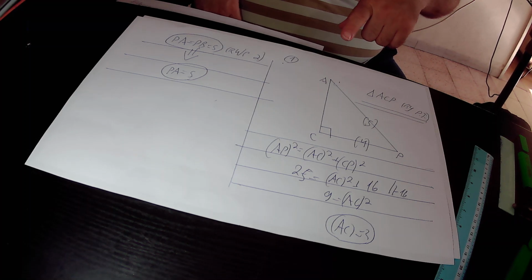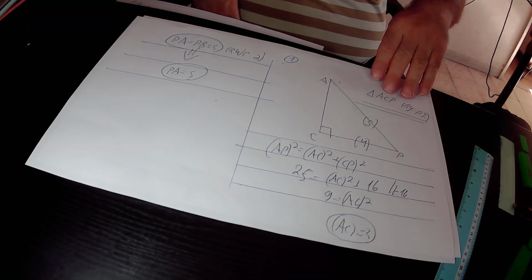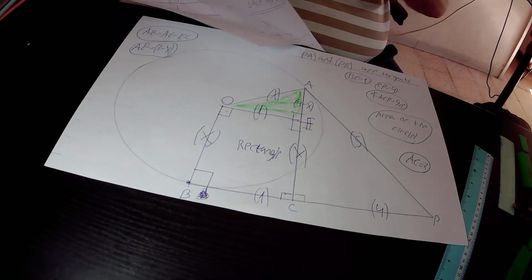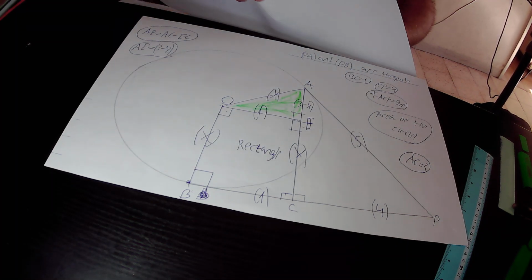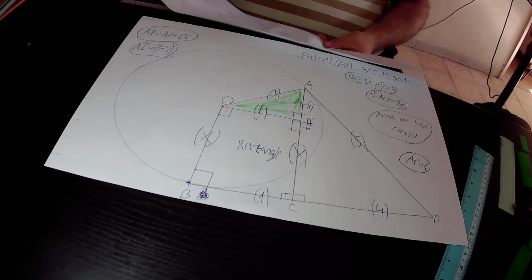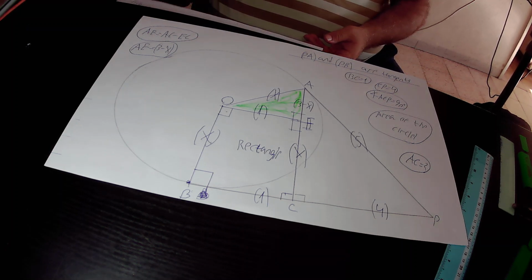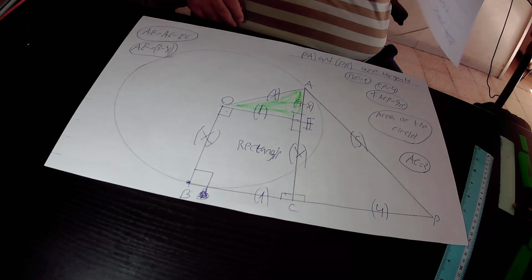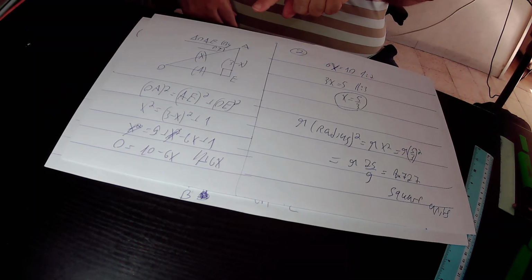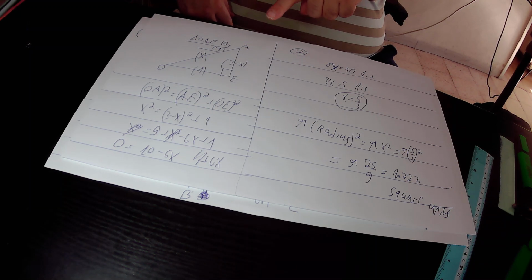So the hypotenuse in this right triangle OAE is x, therefore OA squared is x squared, and it equals AE squared. AE is 3 minus x, therefore AE squared is (3 minus x) squared, plus OE squared.